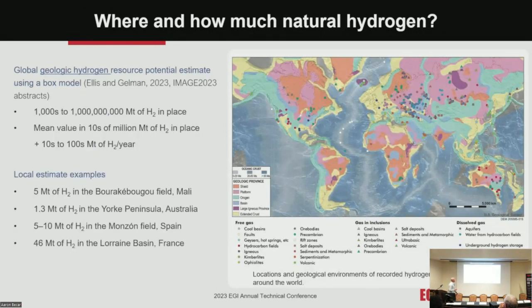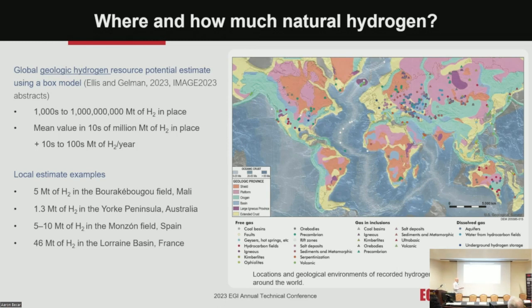So okay, this is the estimate from USGS. With the current estimate, also based on this model, there are tens of millions of tons of natural hydrogen in place subsurface, but of course, not all of it would be available for us.